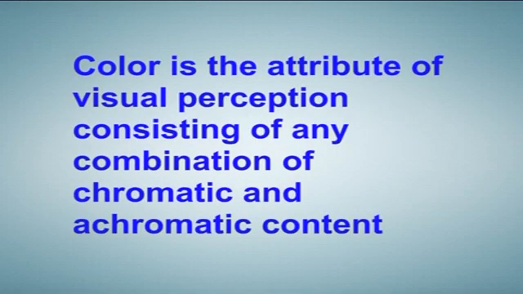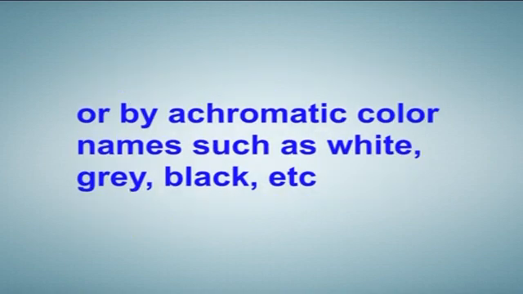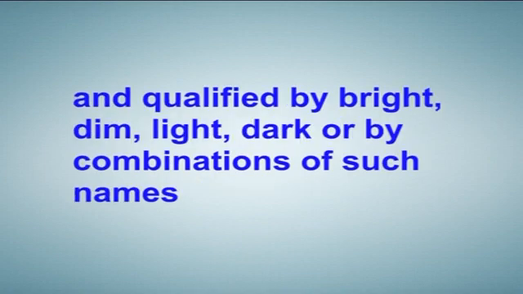Color is the attribute of visual perception consisting of any combination of chromatic and achromatic content. This attribute can be described by chromatic color names such as yellow, orange, brown, red, pink, green, blue, purple, etc., or by achromatic color names such as white, grey, black, etc., and qualified by bright, dim, light, dark, or by a combination of such names.